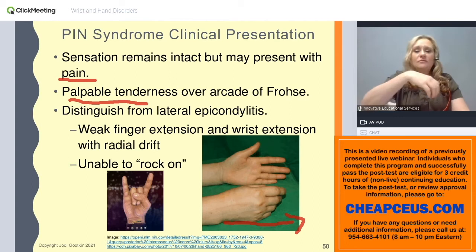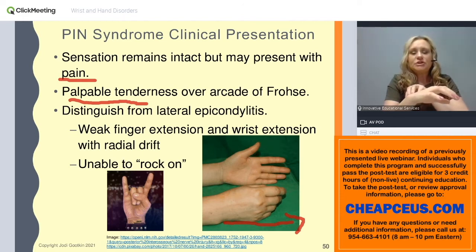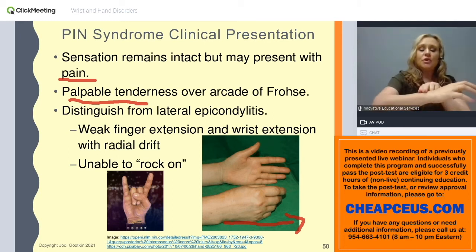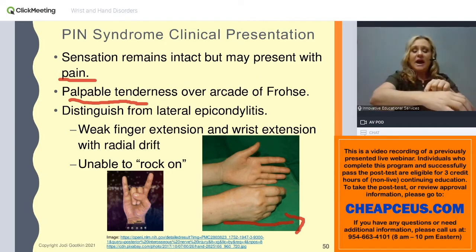When we look at wrist extension purely for the patient, someone who has posterior interosseous nerve syndrome, it is the extensor carpi ulnaris and the extensor carpi radialis brevis that will have compromise as progression occurs. So they're going to lose those two muscles contributing to wrist extension. Well, they still have their extensor carpi radialis longus.